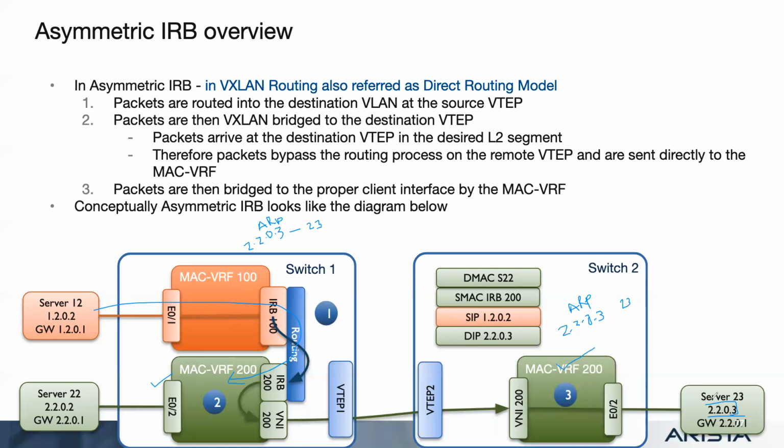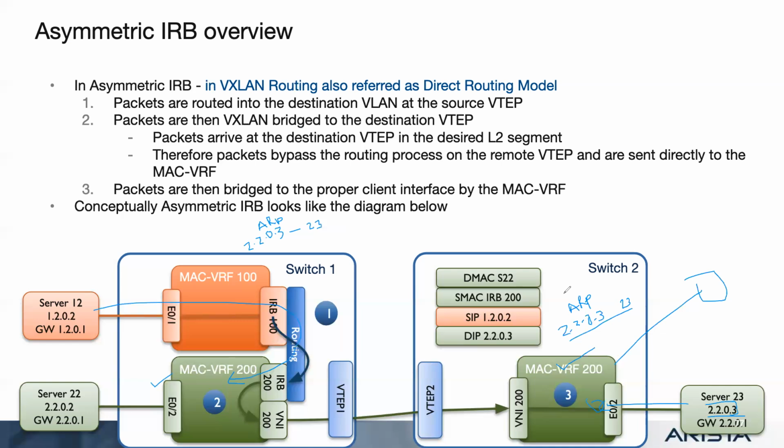Let's say this host has come up and communicated with the gateway, or even any other host. As soon as it sends a packet, an ARP request or anything, the local MAC and ARP of this host will be updated on this switch.